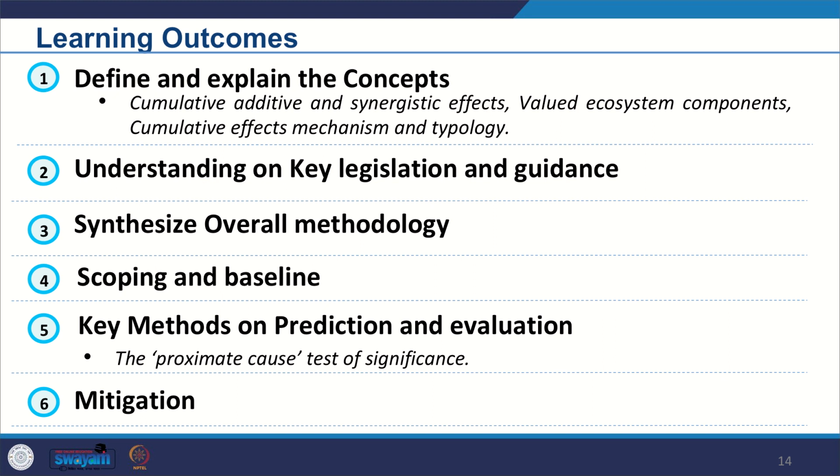You should be able to synthesize the overall methodology which is involved, and then identify key steps which one should take in scoping and baseline assessments, and similarly identify key methods used in prediction and evaluation, and identify approaches used for mitigation purposes. So those are the learning outcomes expected from you after you complete this particular session.